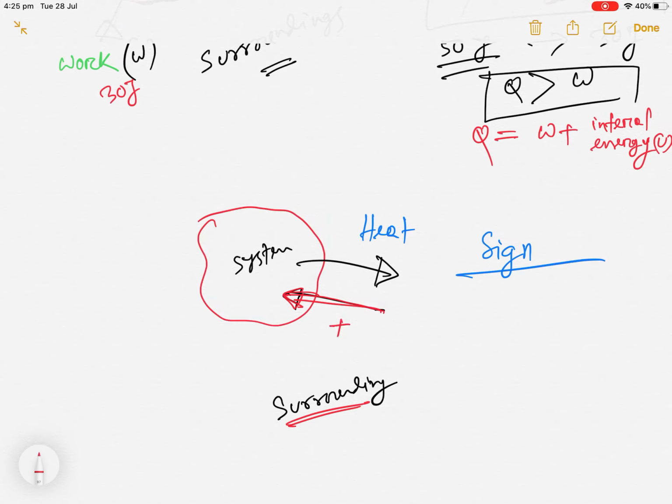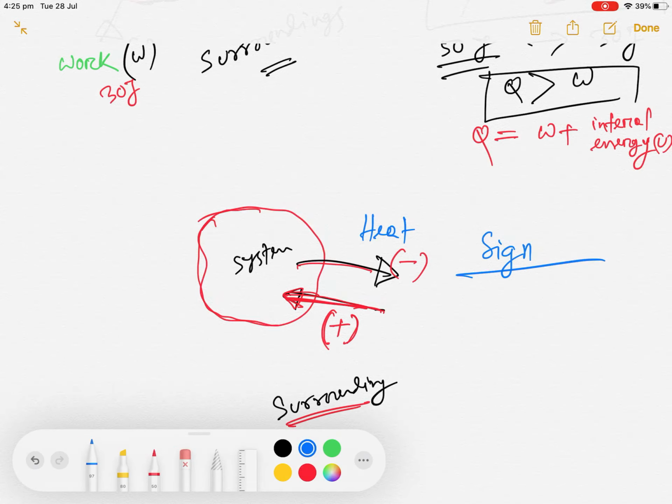But if the system transfers energy to the surrounding, that means the energy is decreasing in this system, so this will be negative. So you need to keep in mind this sign convention always. Any energy which is transferring from surrounding to the system is positive. From the system to the surroundings, it is negative.